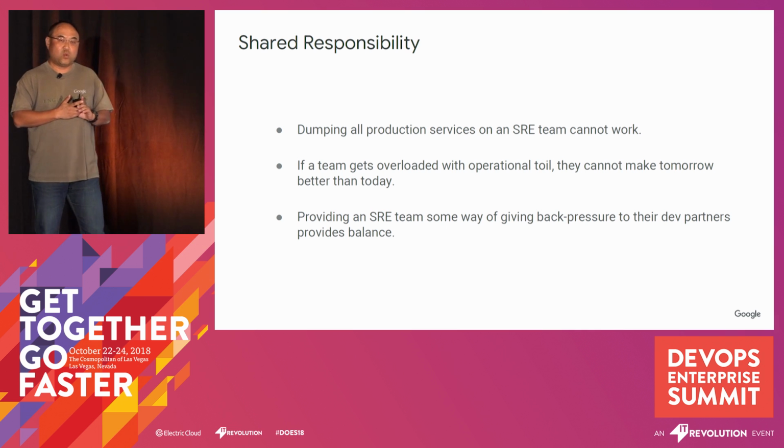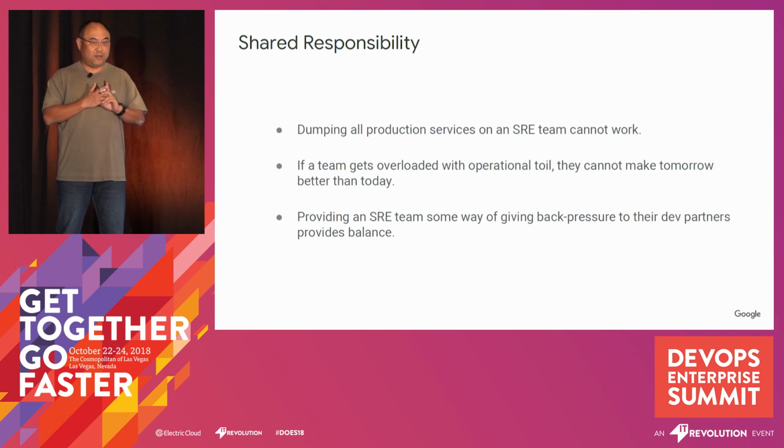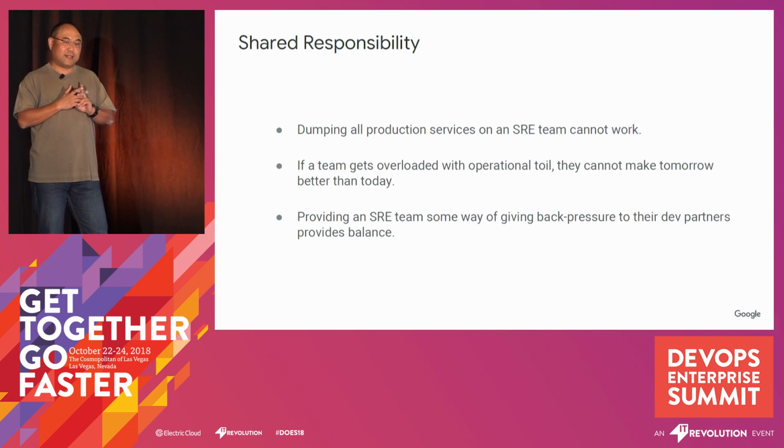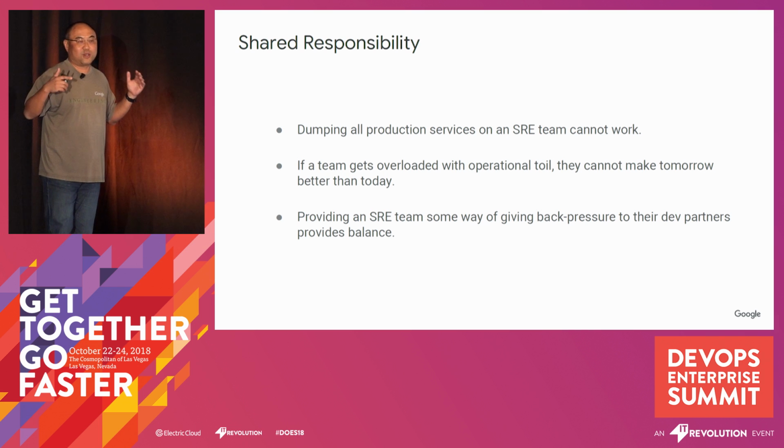What does it mean? It means that we do not, by default, take on a production system. By default, we do not. They have to work together with SRE to pass a certain bar in order to get SRE support. The bars include, of course, the obvious one: you have enough users and your service means something.